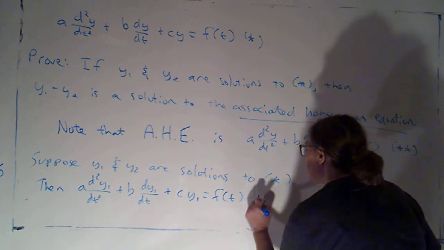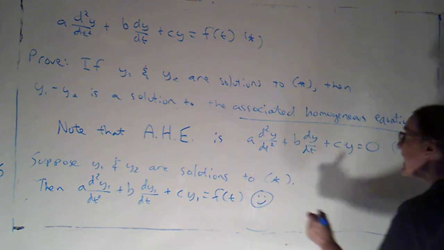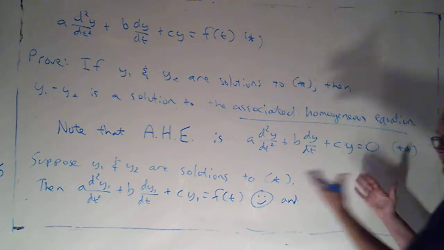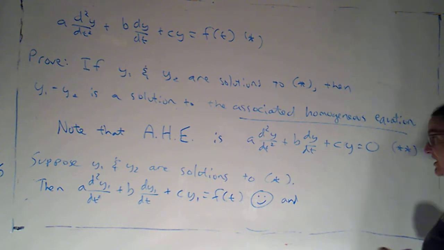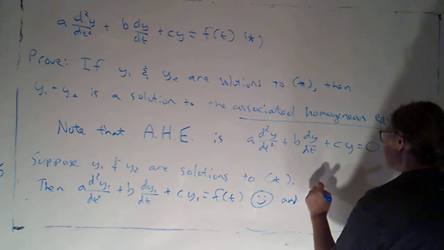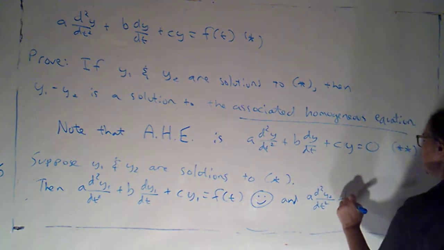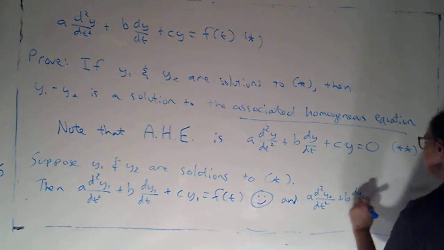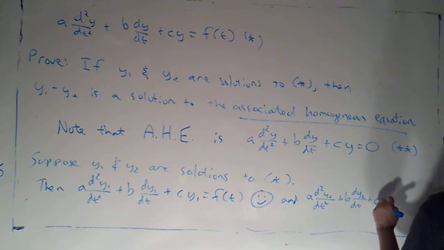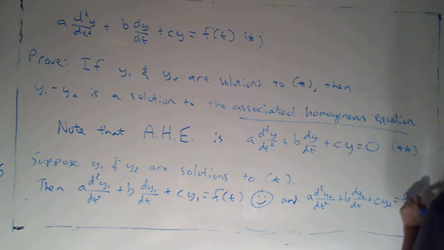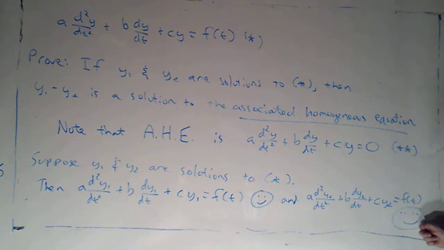Let's call that smiley face. Okay. And I'm going to write the same thing with y2 plugged in. So a times the second derivative of y2 plus b times the first derivative of y2 plus c times y2 is equal to f of t, and I will call that monster.